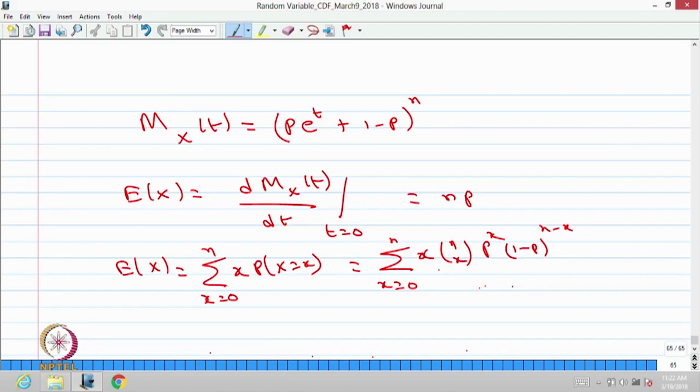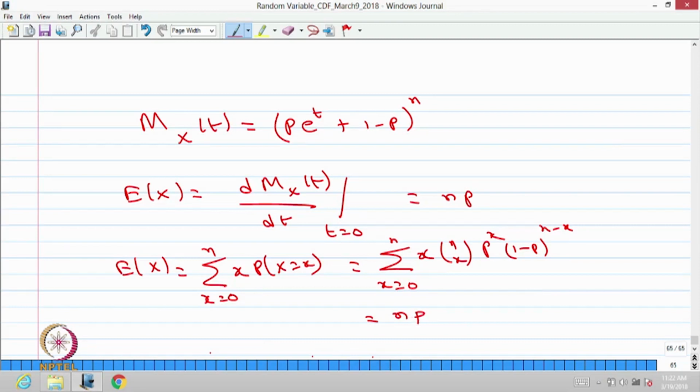You can cancel x with the nCx term, therefore you will get factorial n divided by (n minus x) factorial and (x minus 1) factorial. Now you can keep one n and one p outside.